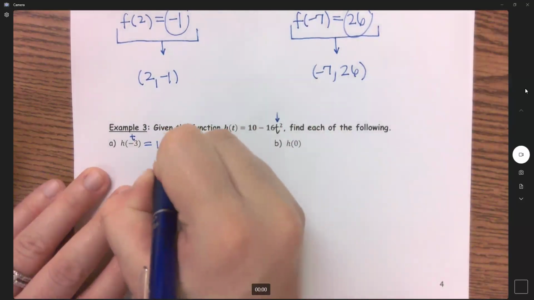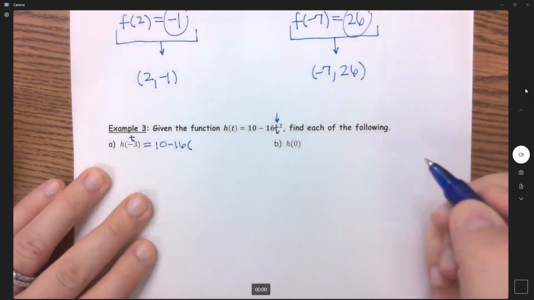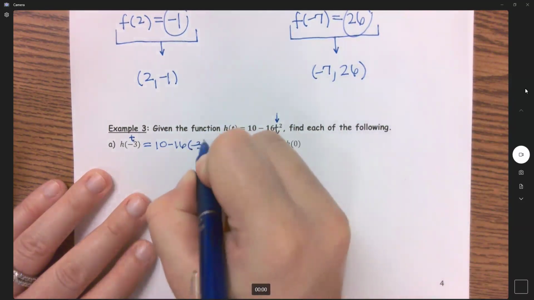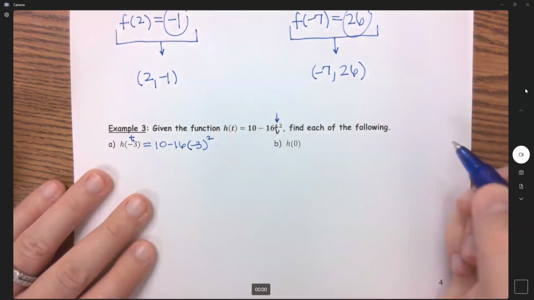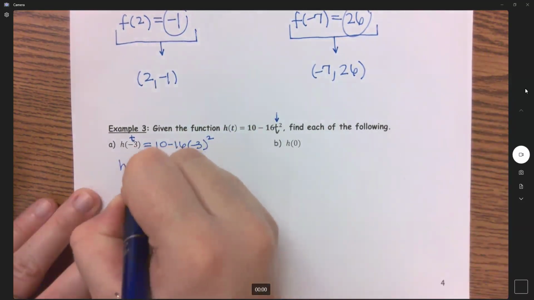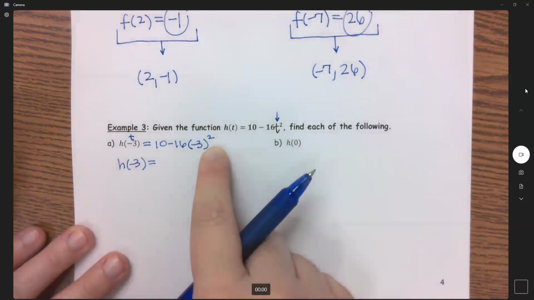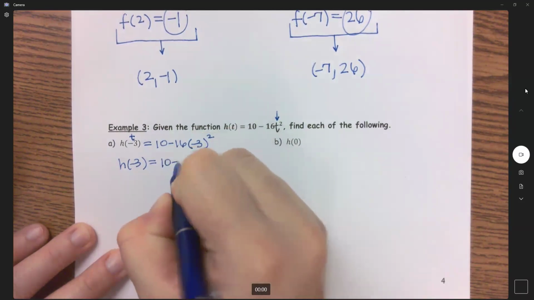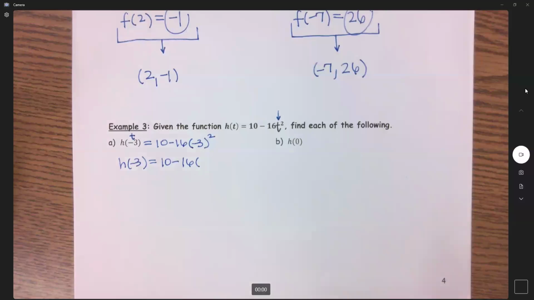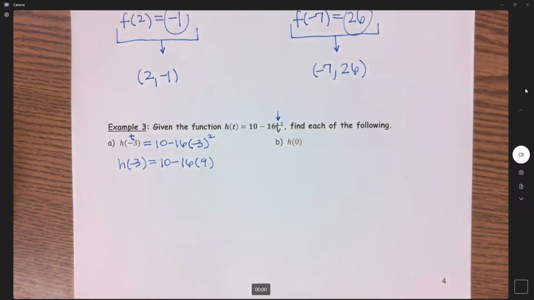So now I have 10 minus 16. When we substitute in, it's really important that you substitute in with parentheses. So this will be negative 3 in parentheses squared. Order of operations tells me to do exponents first. So negative 3 in parentheses squared is positive 9.